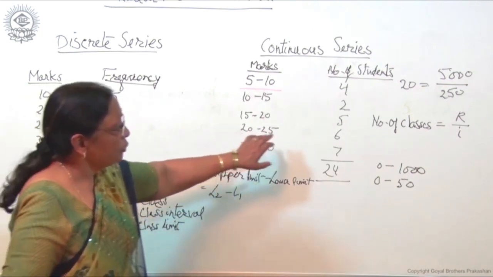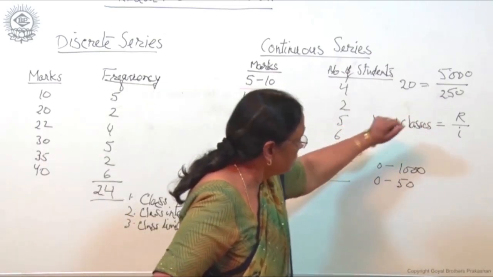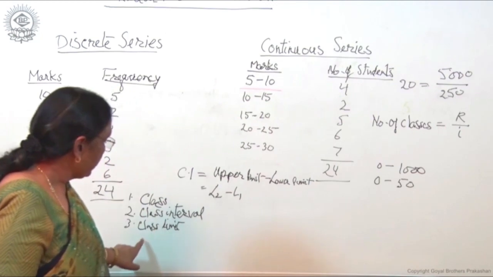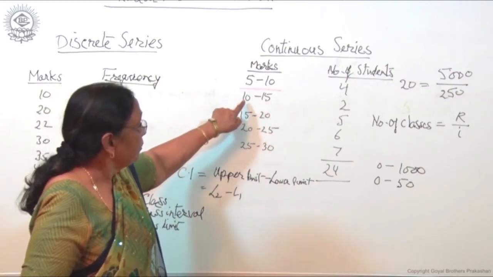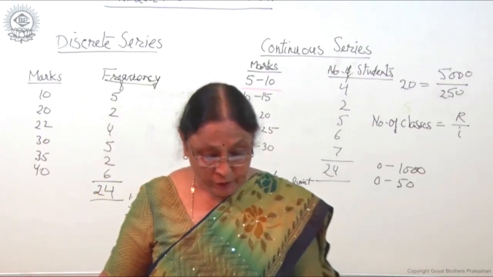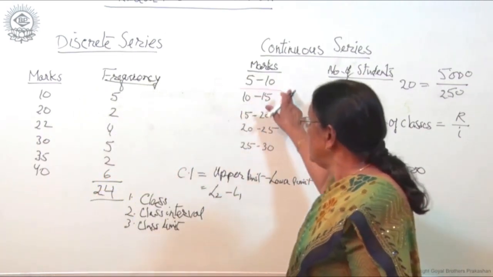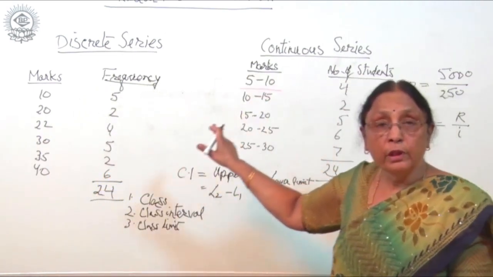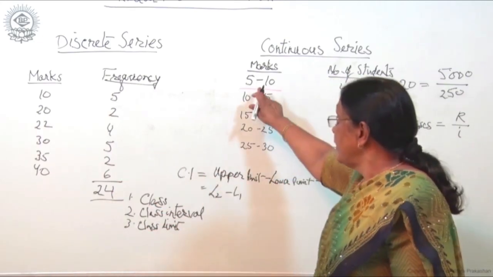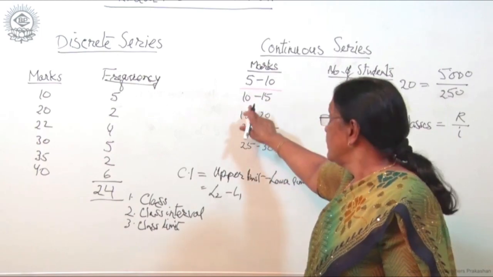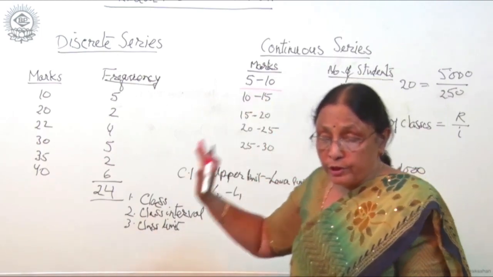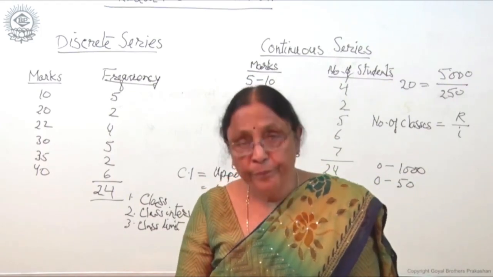So class, you have understood here how to divide the class. Class interval is the difference between the limits, and class limit is the upper limit and the lower limit. This limit can be either in whole numbers or in fractions also, maybe 5.5 to 10.5 or 10.5 to 15.5, like this. Okay. So this is known as class limit.